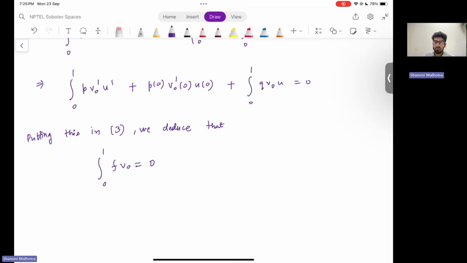So this gives the proof of one way: when we already have the solution of 2, we have this integration 0 to 1 f v naught to be 0 only.